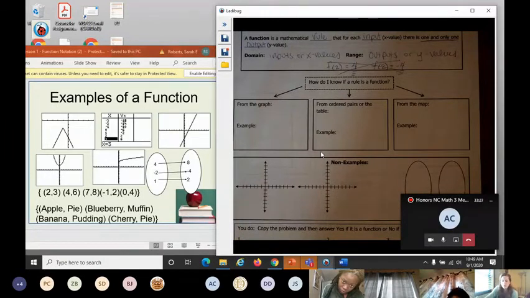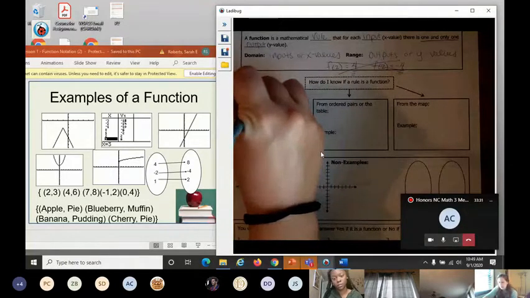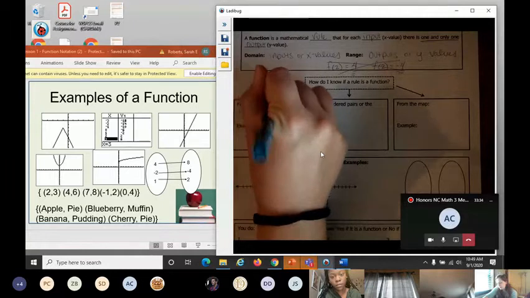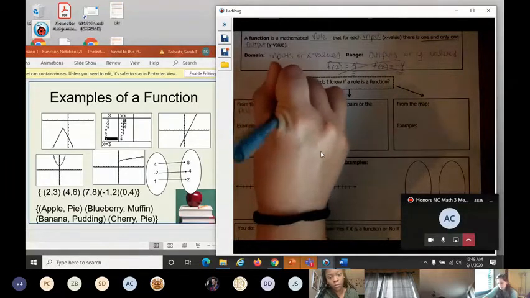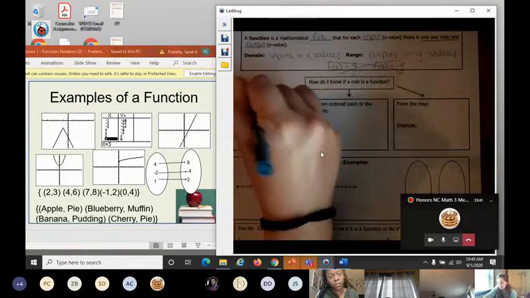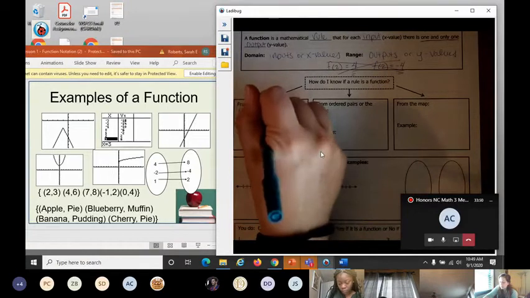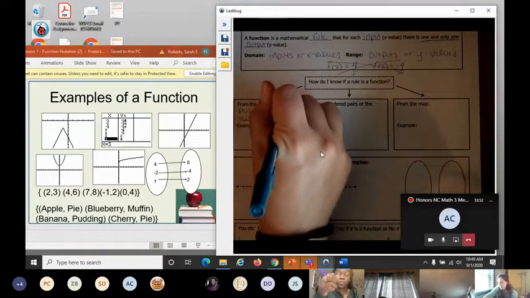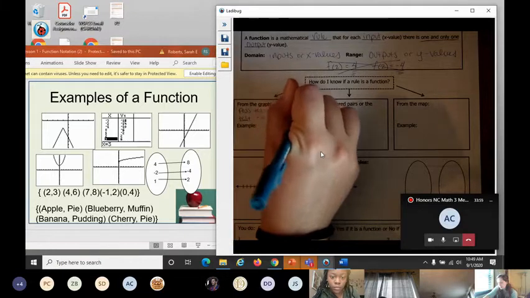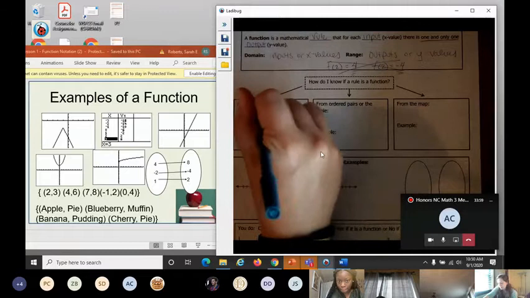So on a graph, to tell it's a function, it has to pass the vertical line test. Okay, so the vertical line test is the important thing there. To do the vertical line test, you put your pen up and down the function, and it should only touch the graph one time.